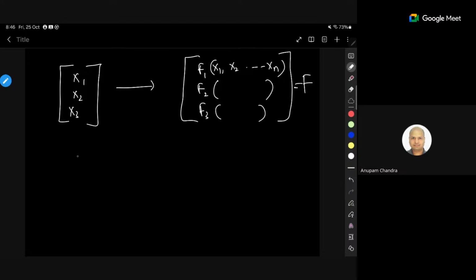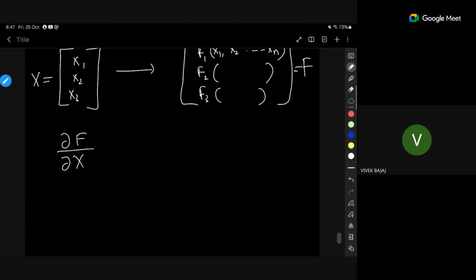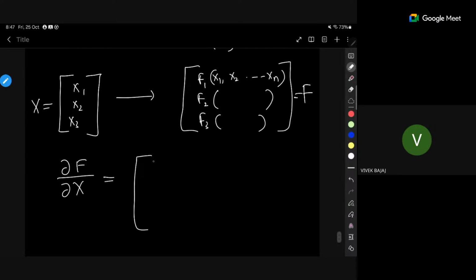If I ask you what df by dx is going to be, what are you expecting? Is it a vector, a matrix, a scalar? Matrix. Because you are doing the derivative of a vector with respect to a vector, so you will get a Hessian matrix, no? Correct? So that is going to be df1 by dx1. Then I'll take with respect to all of them, right?